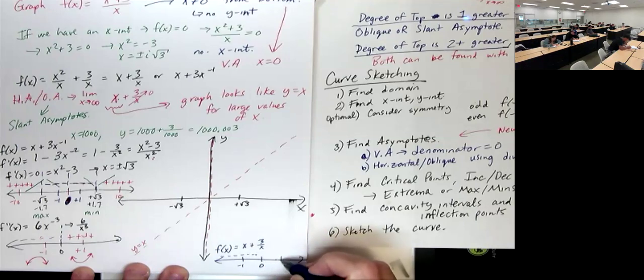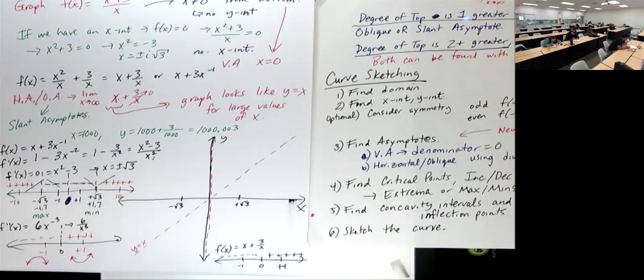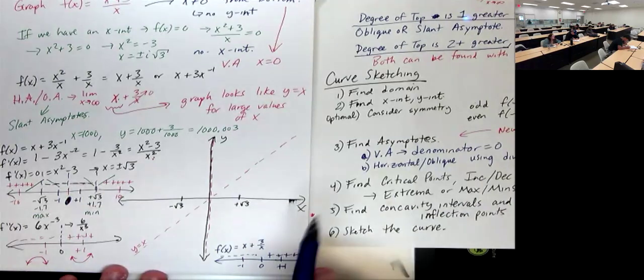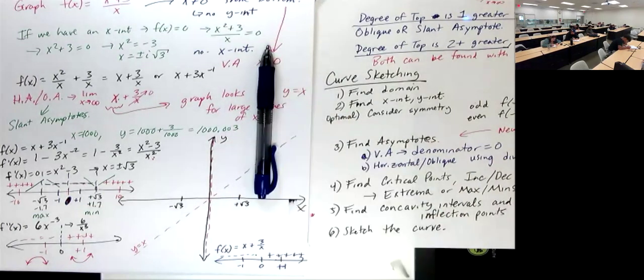And when x is positive, this is a positive thing. Which means it's going to be above the x-axis on the right and below the x-axis on the left. Does that make sense? F of x is our y values. And if they're all negative to the left of 0, we're in the negative region.